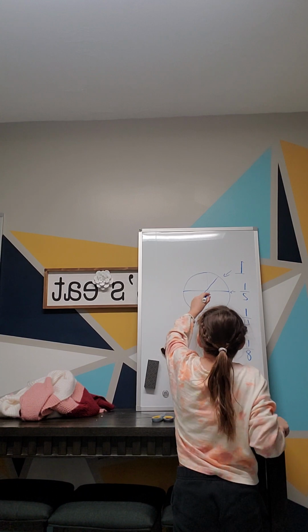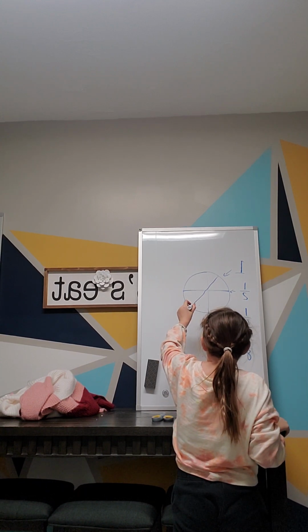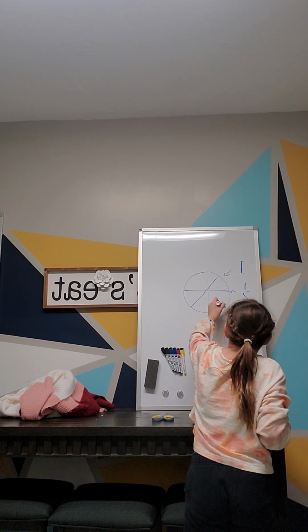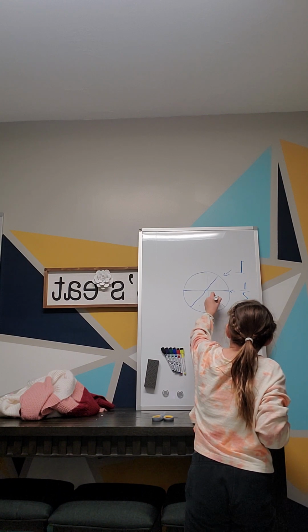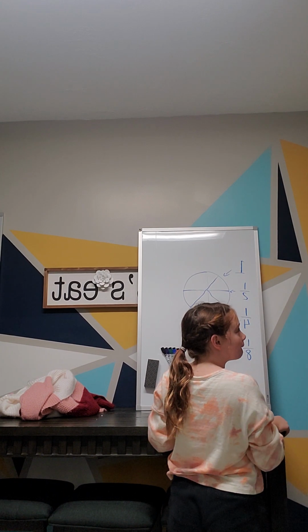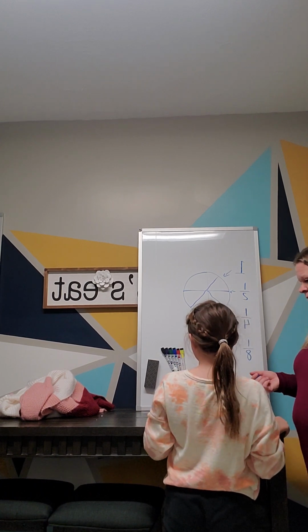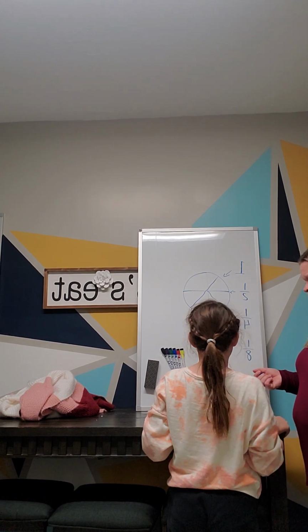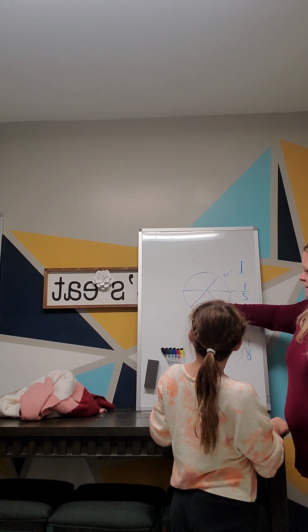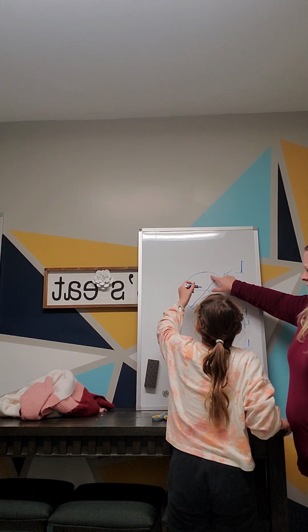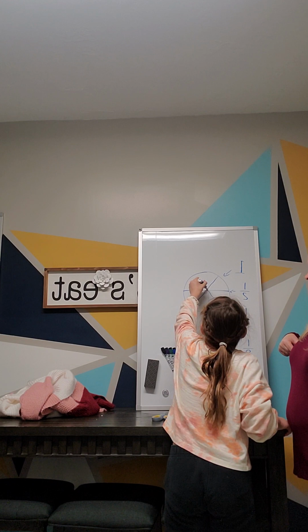Oh, look at that. Being very smart. Now, how many more do you need to make it even? Look at that. Really? How many pieces do you have? 1, 2, 3, 4, 5, 6, 7, 8.